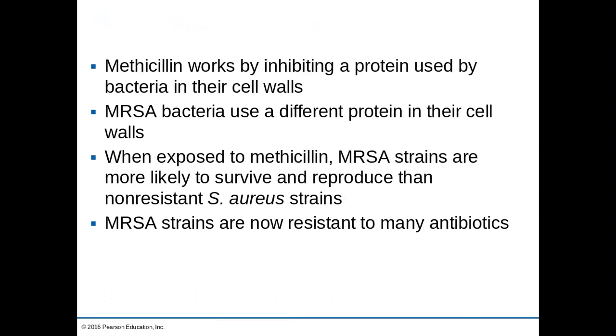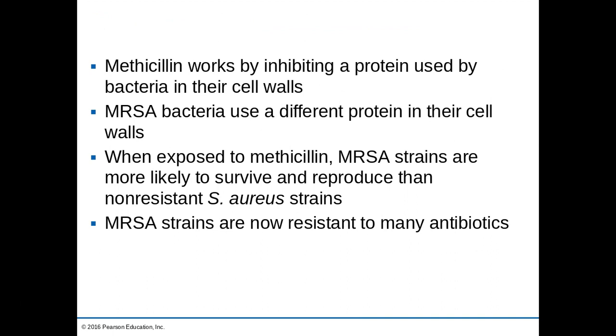The way methicillin works is by inhibiting a protein that is used by bacteria in their cell walls. But MRSA bacteria use a different protein. So when exposed to methicillin, the antibiotic kills all the bacteria that have the protein that it works on, but the MRSA strains that are resistant are more likely to survive and reproduce, and now they're going to become the more common strain in the population, and therefore that bacteria becomes resistant to our existing antibiotics.